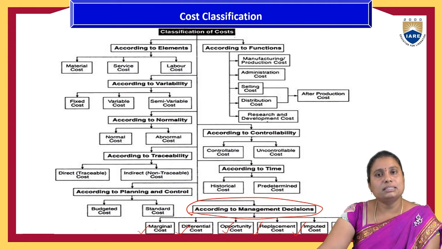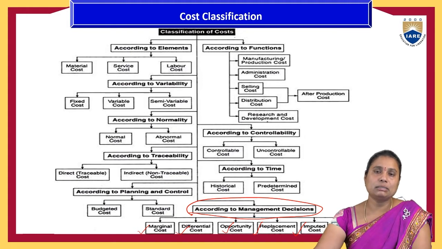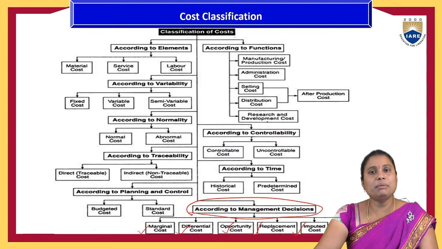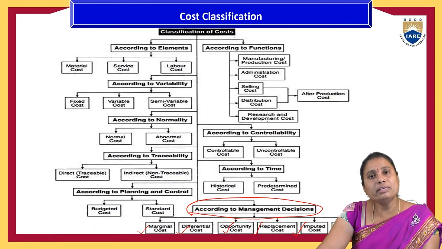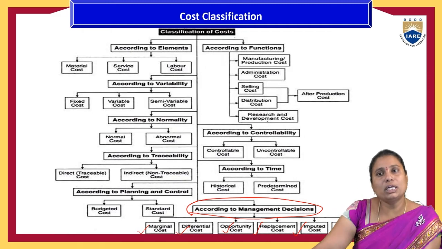Marginal cost means the difference between one level of expenditure and the next level of expenditure. Previously they spent 100 rupees. This time they are spending 150 rupees on the same product, which means 50 rupees of increase in the marginal cost. Previously they spent 100 rupees. This time if they are able to spend 80 rupees, it means 20 rupees of gain in the marginal cost.